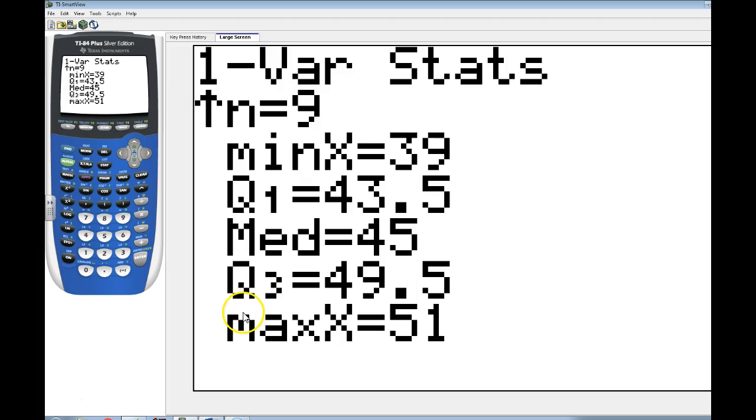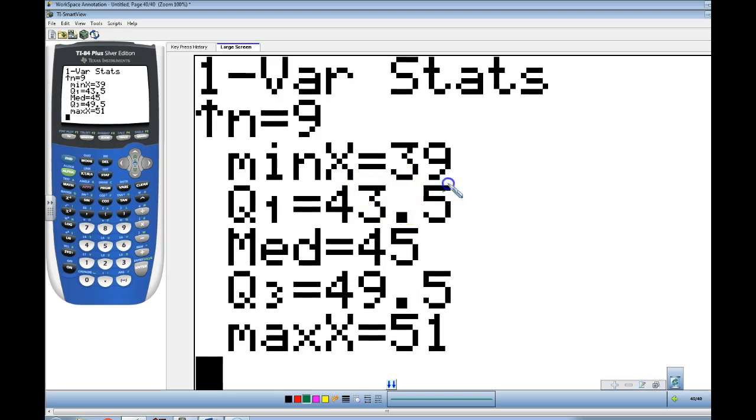So let's see what's not correct. A says the minimum is 39. Well, that's true. The minimum is 39. B says the lower quartile is 44. No, the lower quartile is 43.5. That does not equal 44. So we think it's B. Let's check the others.